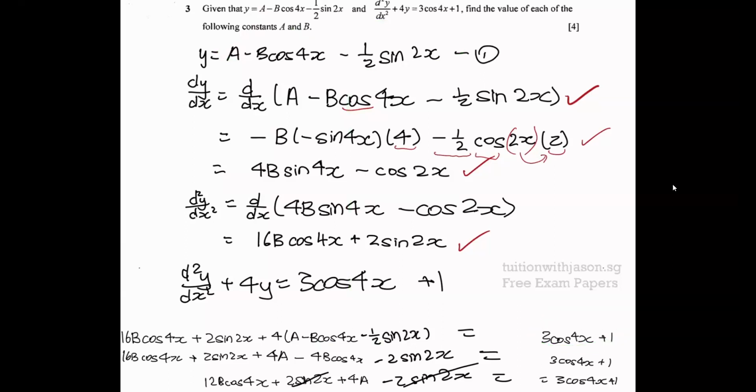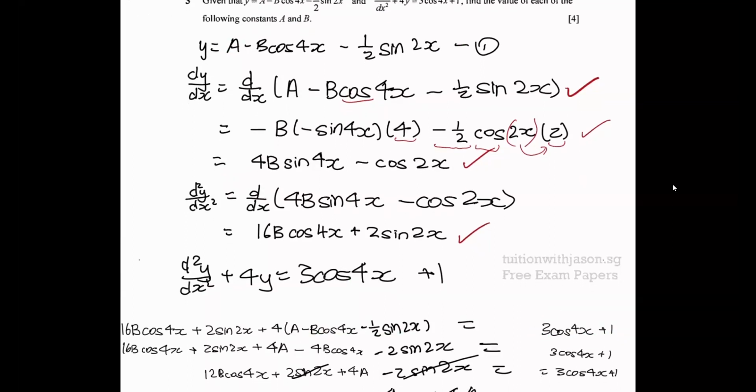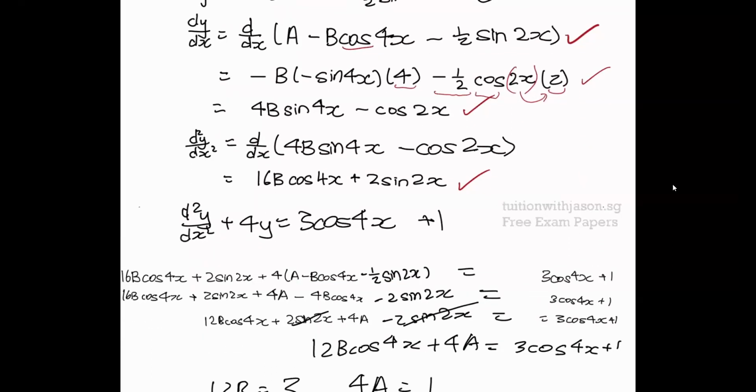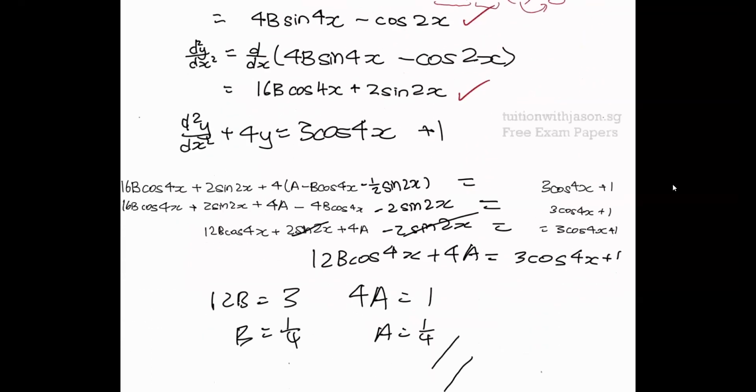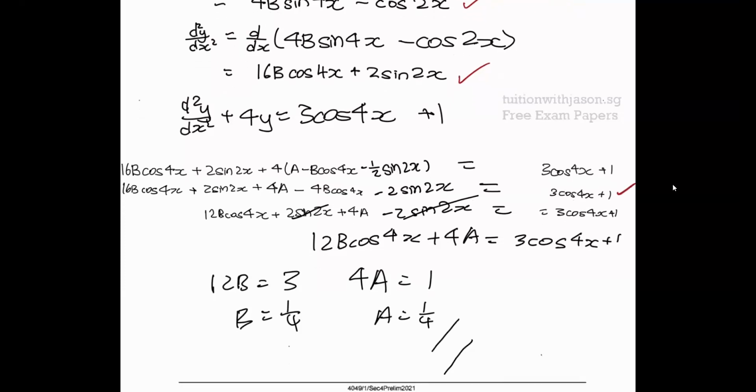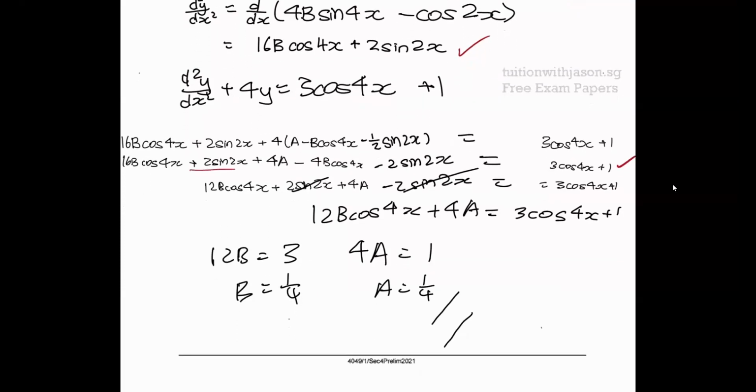Then from there, you can distribute the 4. Let's see, 4a minus 4b cos 4x, and 4 times negative half gives you negative 2 sine 2x, equals 3 cos 4x plus 1. Then you simplify a bit more. The 2 sine 2x and minus 2 sine 2x cancel away.